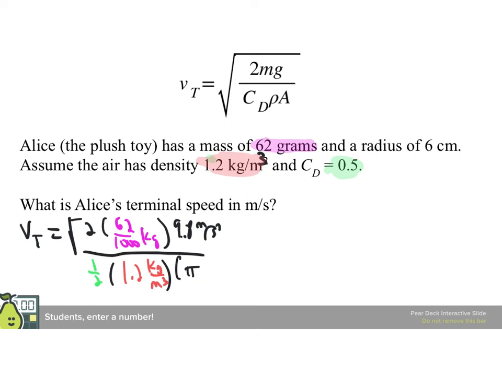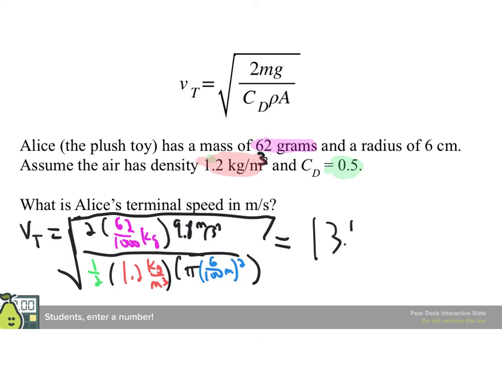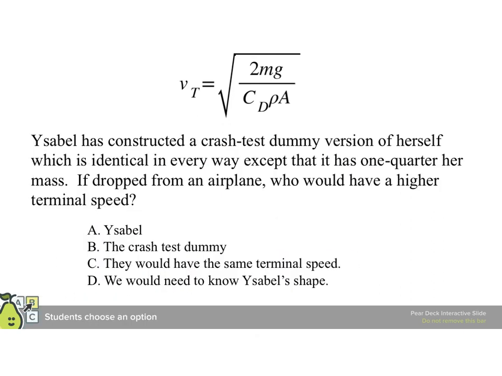We have to remember that her radius is 6 centimeters, which is 6/100ths of a meter, and then we need to square that because the area is pi r squared. So we get a pretty long and complicated thing. Be careful when you put it in your calculator. Just about 13.4 meters per second, which is a pretty good clip.